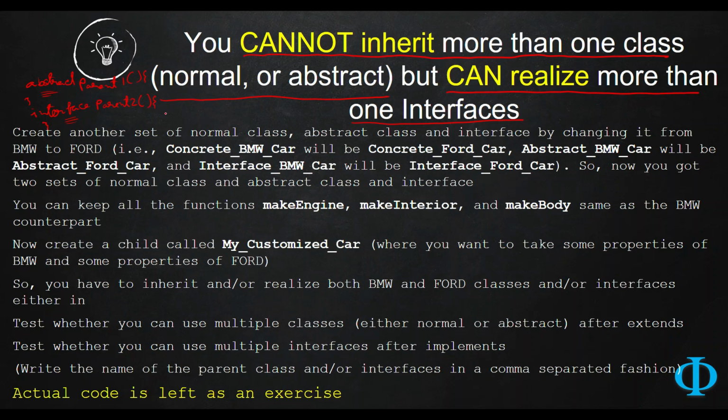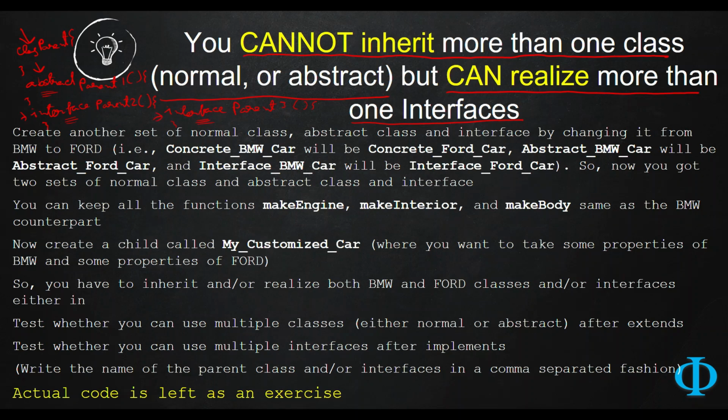And not only parent 2, let's say there is an interface parent 3, which also has several abstract functions in it. And at the same time, let's say you have a normal class, just parent, and that is it. So now you have one normal class, one abstract class, and two different interfaces.